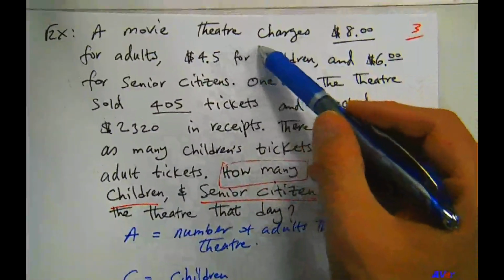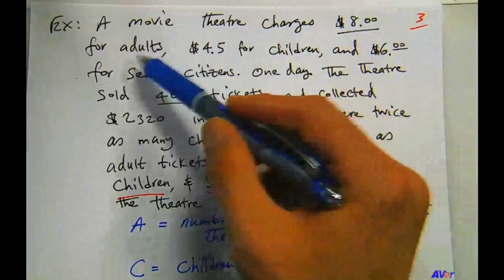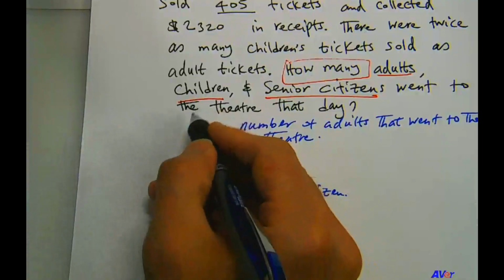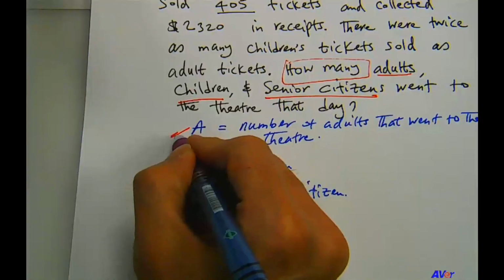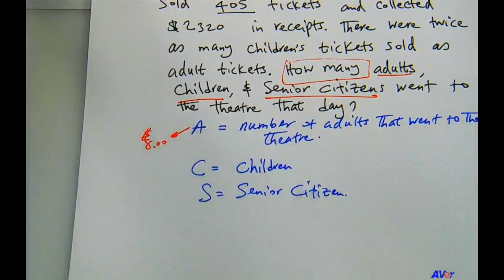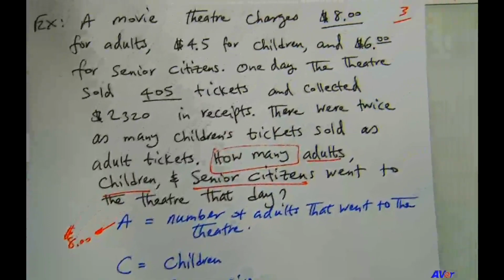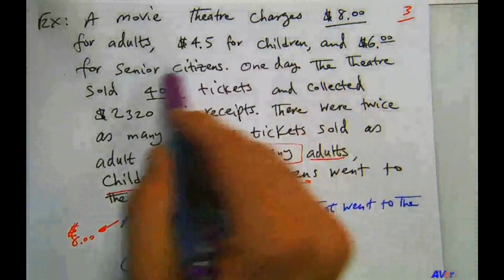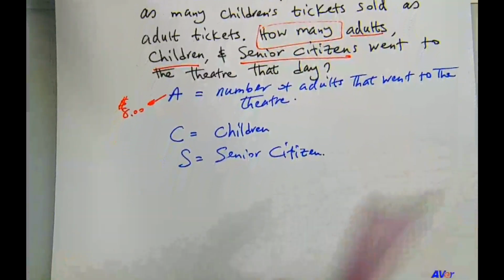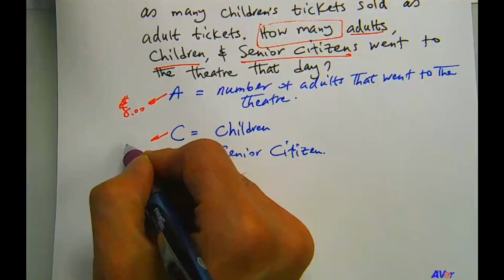Okay, a movie theater charges $8 for adults. So I'm going to attach that information to this variable here, $8. Then for children, they're paying $4.50. I'm going to attach that information here.